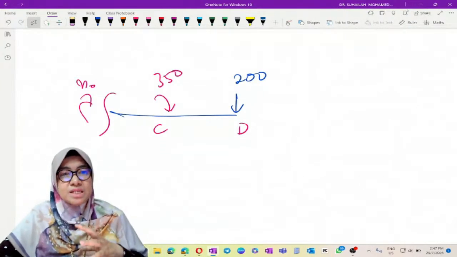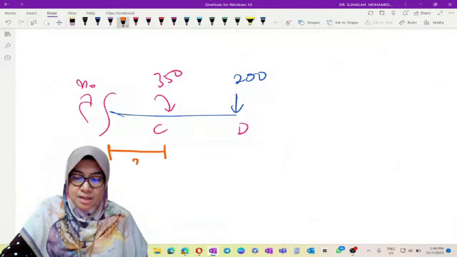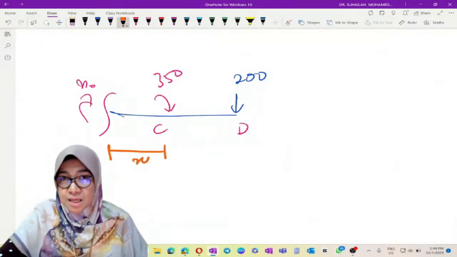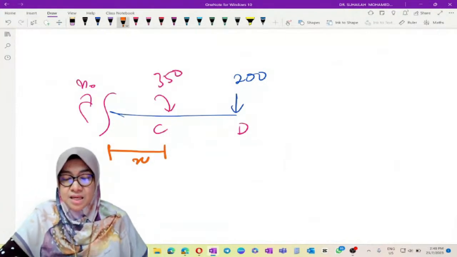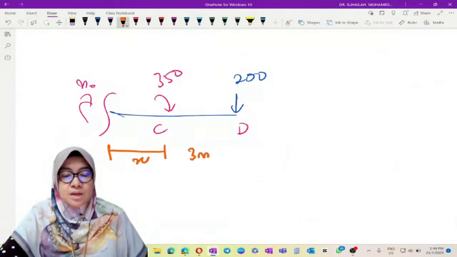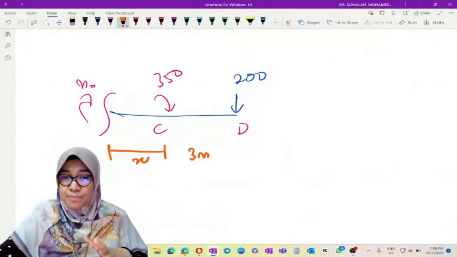Origin at C means X starts from C. C to D is 3 meter. So we have to write the moment equation for this beam.